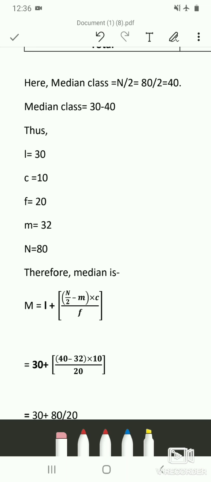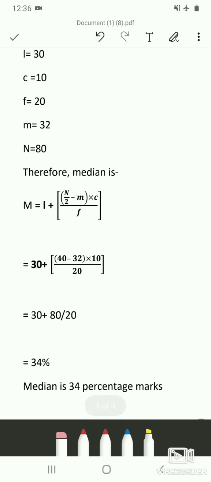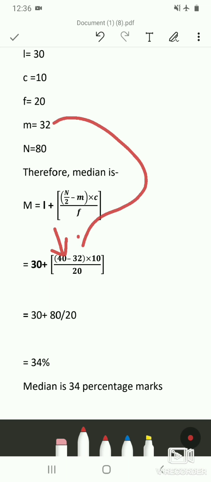So that is the value that precedes the median class, and the cumulative frequency would be m. So let's substitute, that is 30 plus 40 minus 32. 40 is nothing but N upon 2, that is 80 upon 2 is 40, and m is 32. C is 10, whole divided by 20.